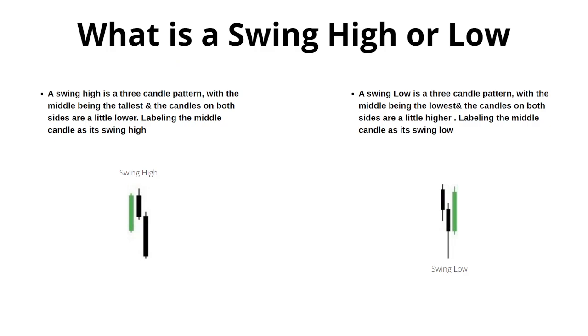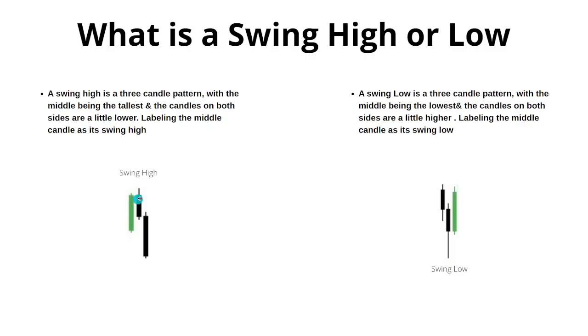A swing high is a three candlestick pattern. Super easy. With the middle being the tallest, which is this candle right here, and the candles on both sides are a little lower, which is right here as you can see.